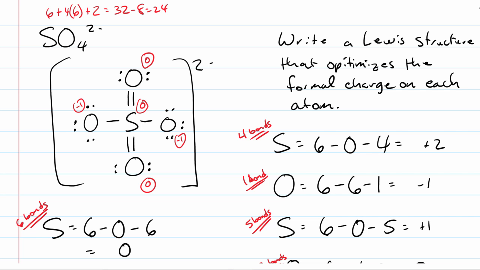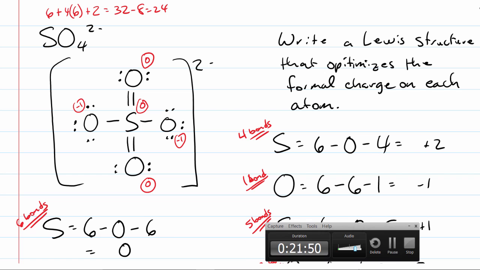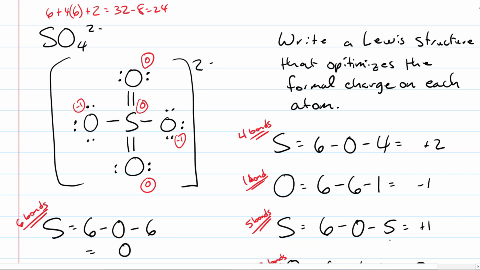Or why didn't I put the double bonds here and here? Why did I pick these two? What else might exist in the sulfate ion? Okay, I'll give you a minute or two to talk it over, discuss with the neighbor. I expect an answer here when we come back. Talk with the neighbor. What else might be present?